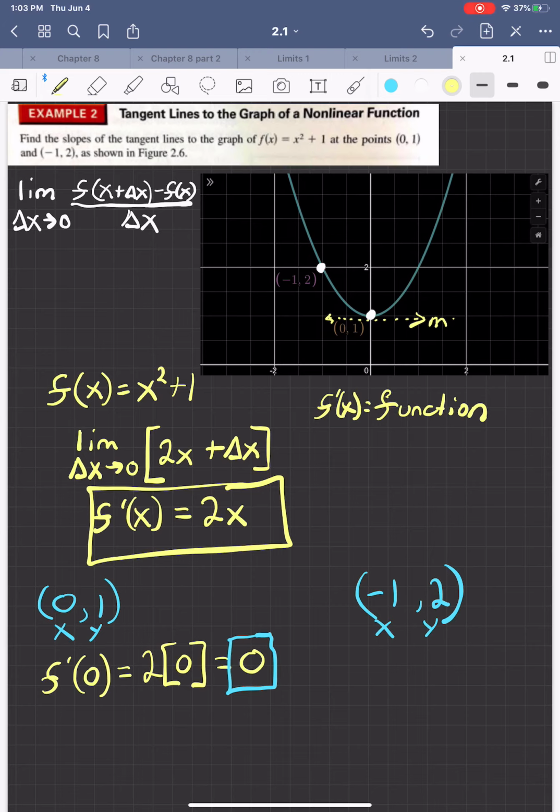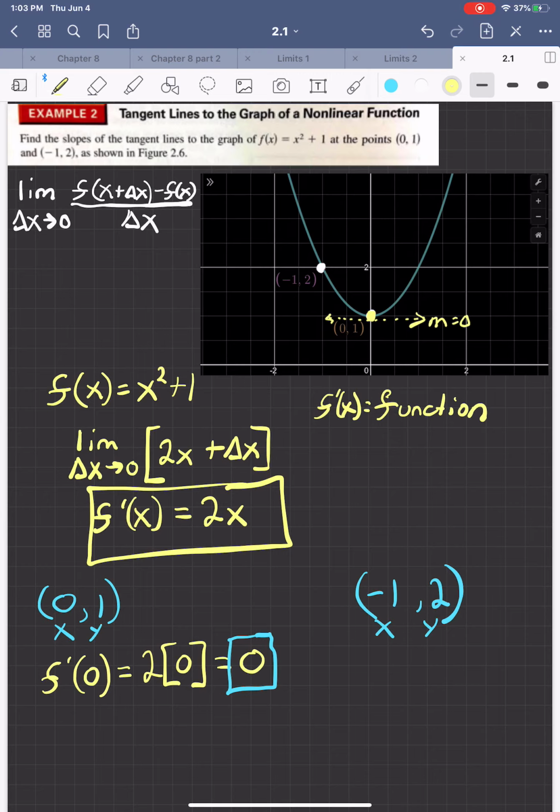We know that the slopes of horizontal lines are 0. So the slope at every single point on that tangent line is 0, and the only point that these two lines have in common is (0, 1). That is pretty awesome. We were able to find the slope at a point on a curve.